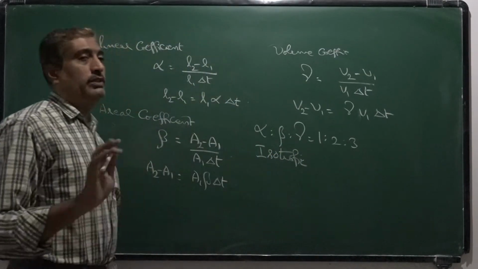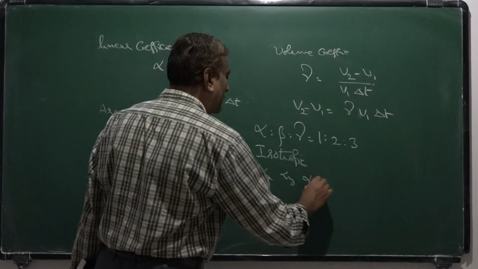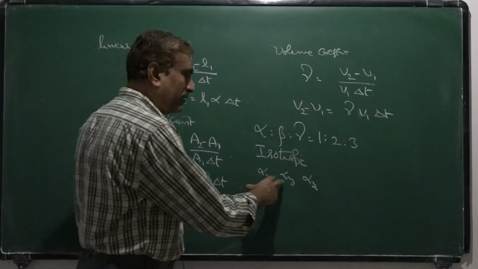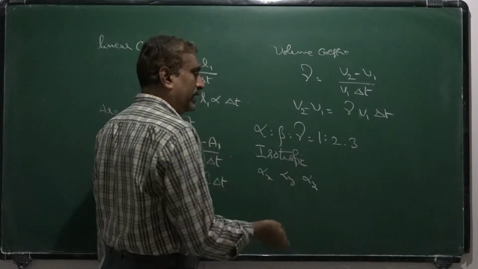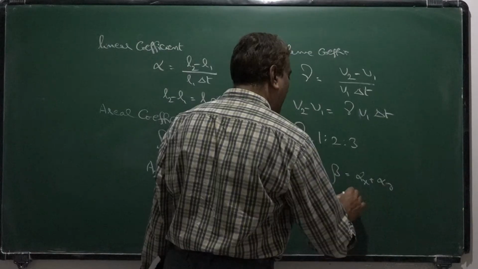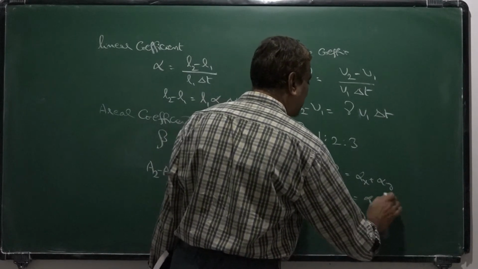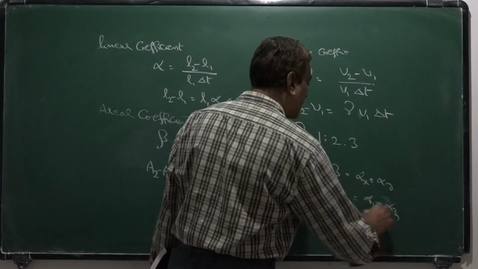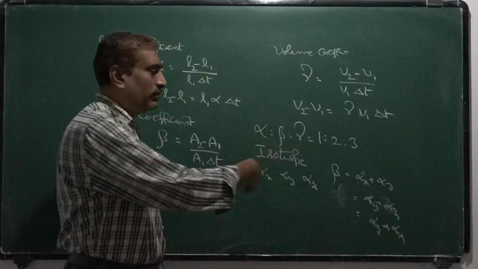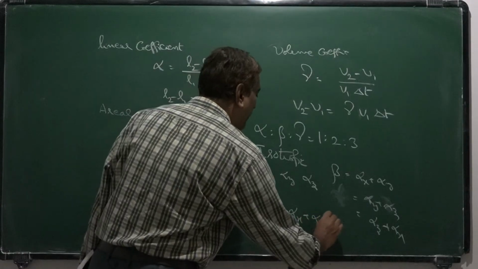For anisotropic solids, if alpha x, alpha y, alpha z are the three linear coefficients along three perpendicular directions x, y, z, then beta can be written as alpha x plus alpha y, or alpha y plus alpha z, or alpha z plus alpha x, whichever directions we take, while gamma can be written as alpha x plus alpha y plus alpha z.